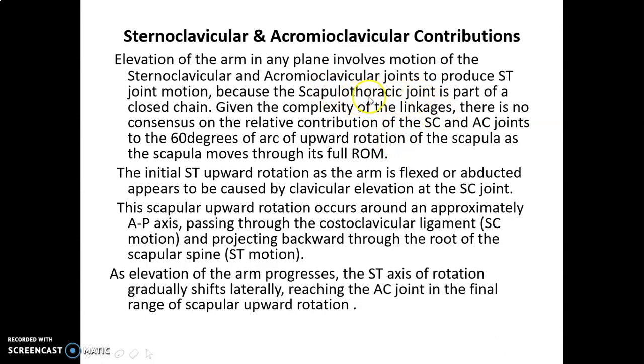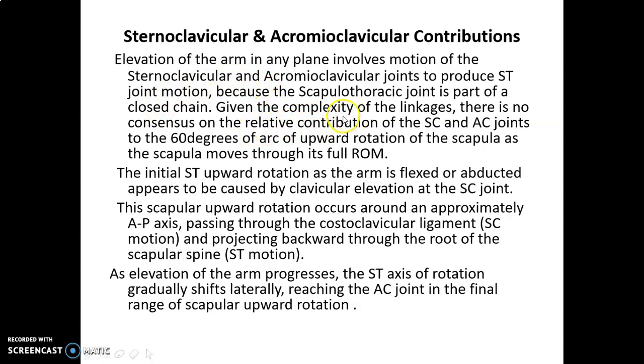So when you're talking about scapulothoracic joint movement, the joint axis anatomically has to be in the sternoclavicular joint or in the acromioclavicular joint. That's why the combined functions of the sternoclavicular and acromioclavicular joint motions are very important for scapulothoracic joint movement, which is in a closed chain mechanism.